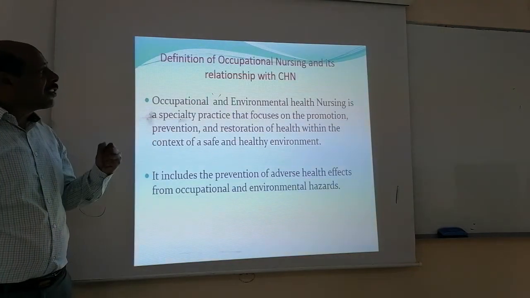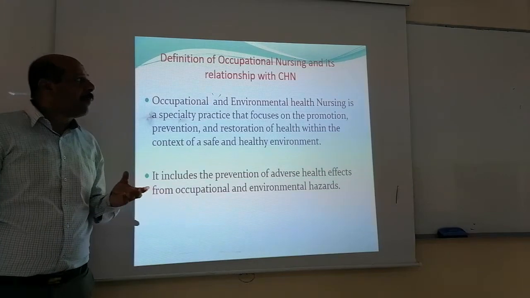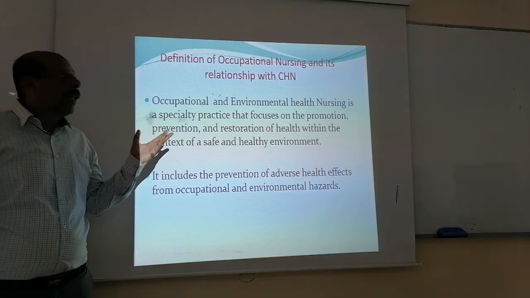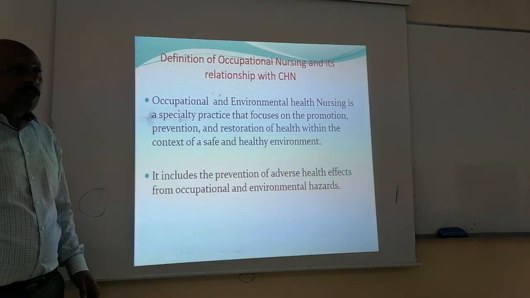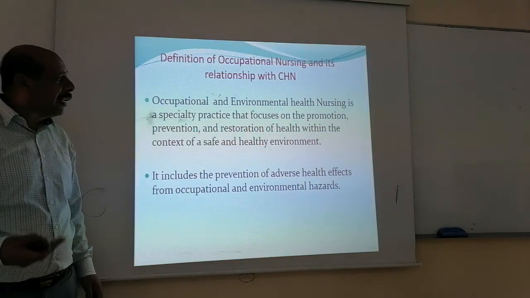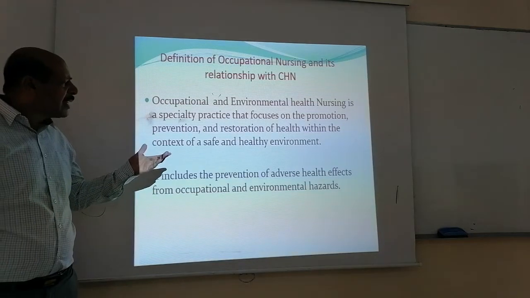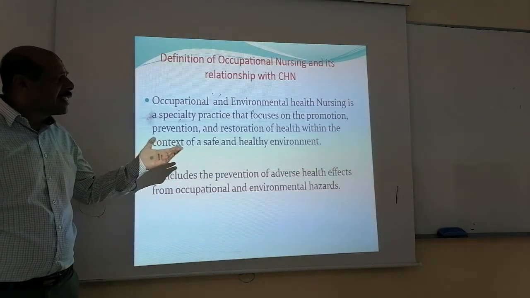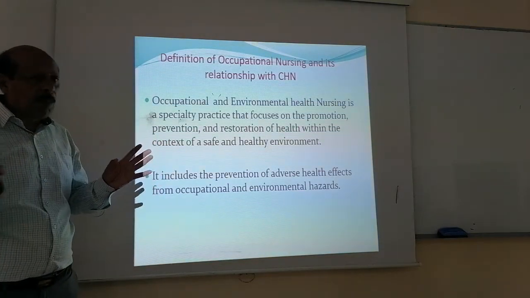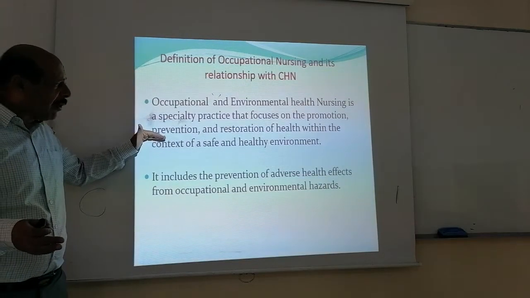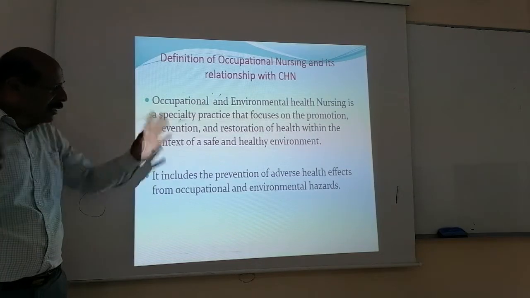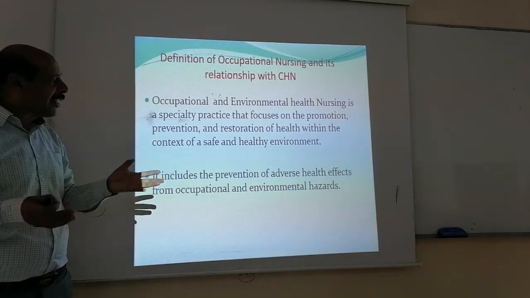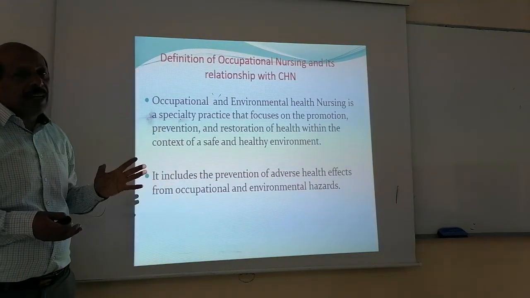So, the definition of occupational health nursing and its relation to community health nursing: occupational and environmental health nursing is a specialty practice that focuses on the promotion, prevention, and restoration of health within the context of a safe and healthy environment.